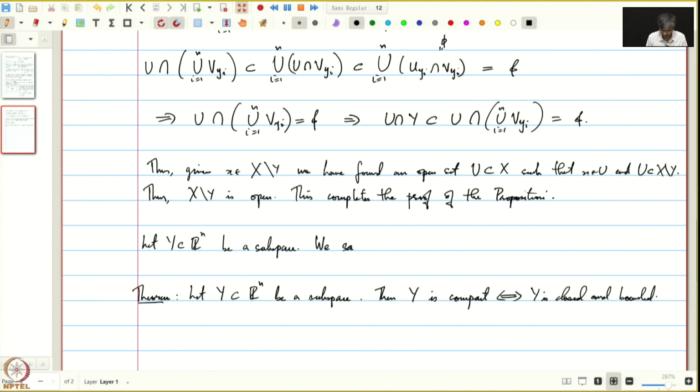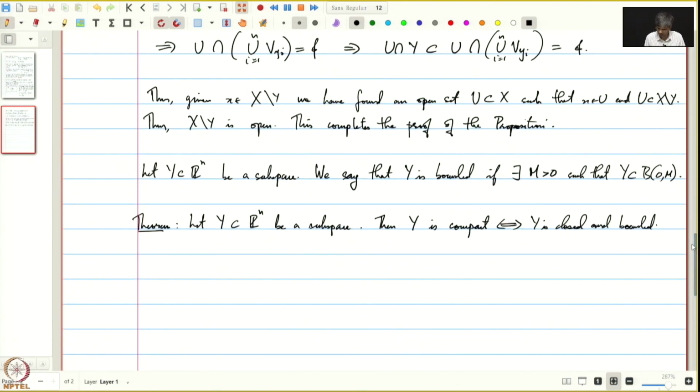We say that Y is bounded if there exists some M positive such that Y is contained in the ball of radius M around the origin, let's say in the Euclidean metric.